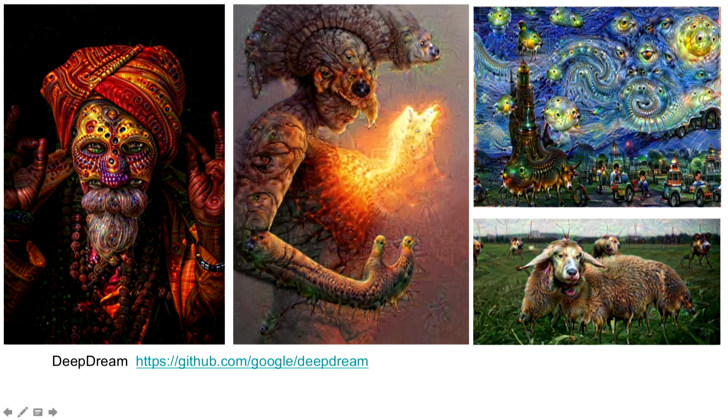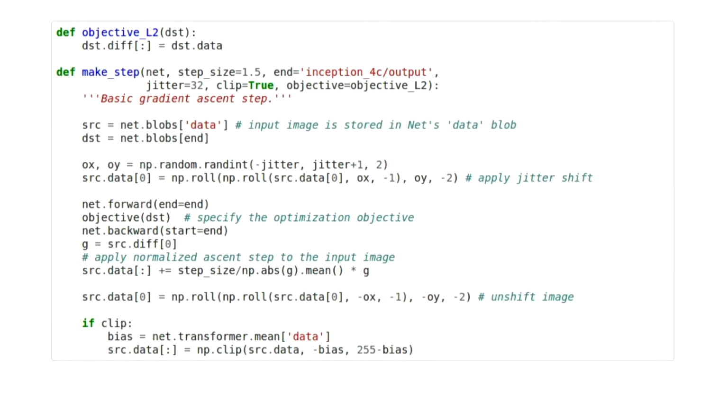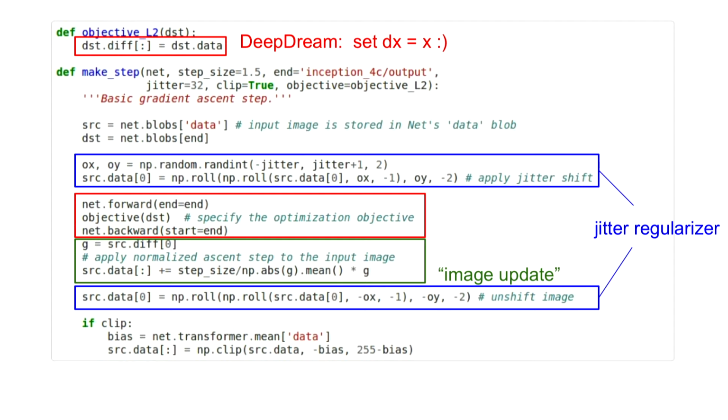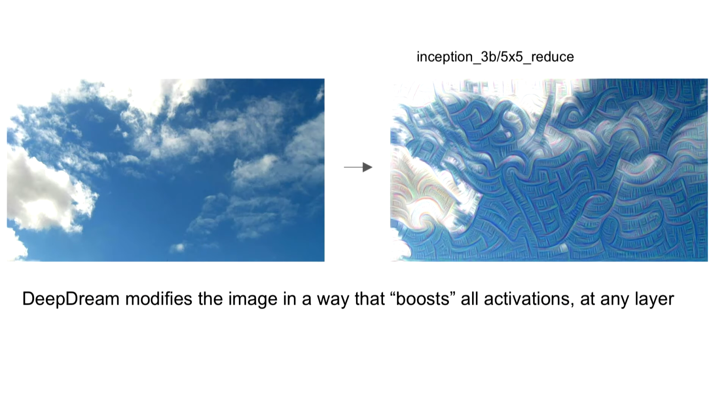Or actually, well, it looks like the Starry Night anyway. It's actually a very small amount of code to do that. I just want to keep going, though. There's a little bit of jitter regularization to avoid it from getting stuck. Okay, I need to keep going.